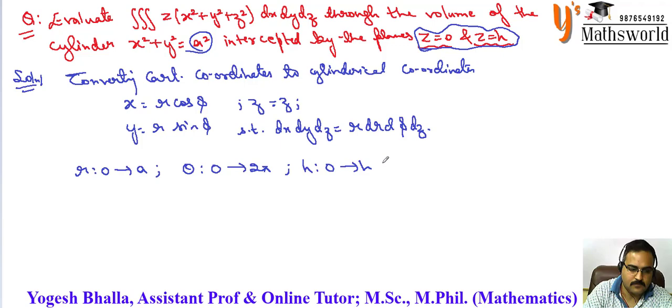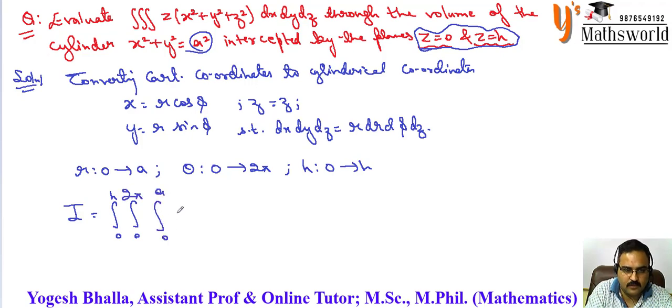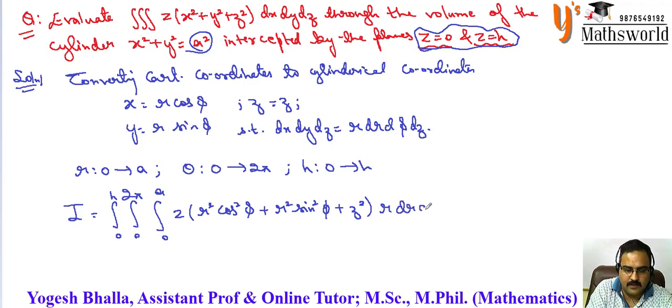Now the integral will be from 0 to h, 0 to 2 pi, 0 to a of z into (r square cos square phi plus r square sin square phi plus z square) into r dr d phi dz.